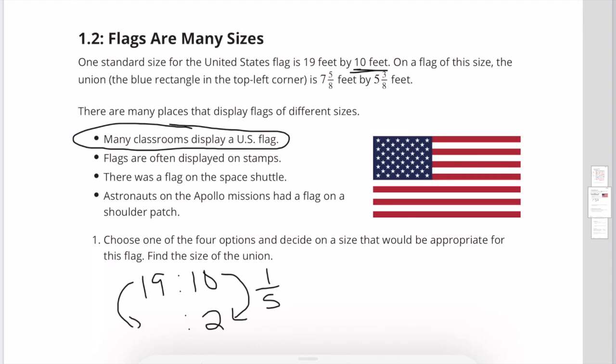So therefore you want to multiply 19 by 1/5 as well, which would be what dimension? Okay, so it'd be 3.8. So now my flag is 3.8 feet by 2 feet.